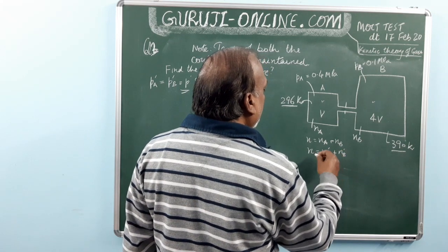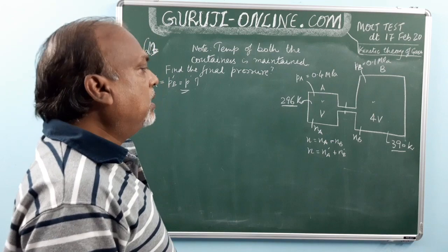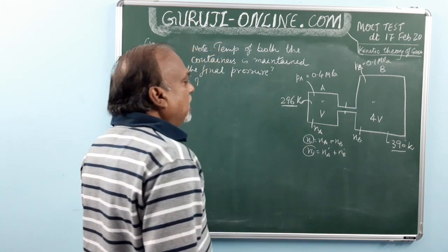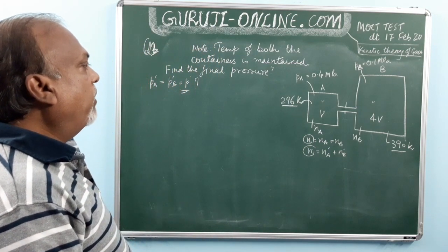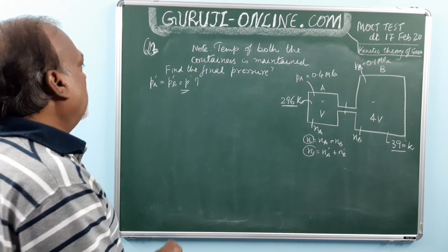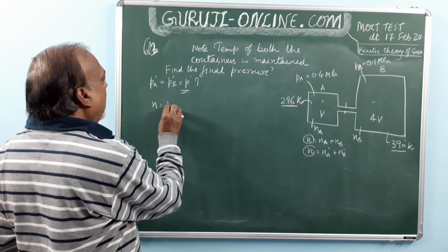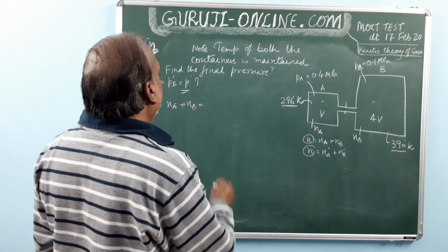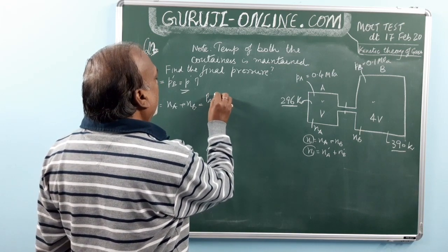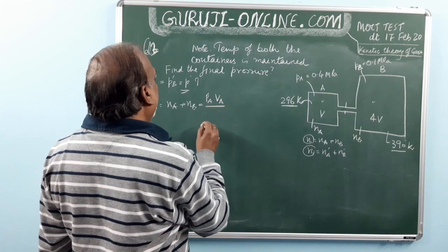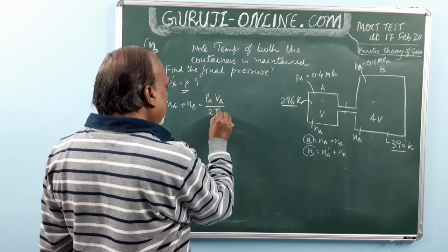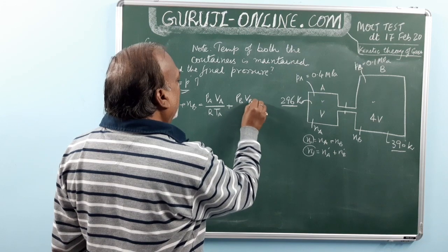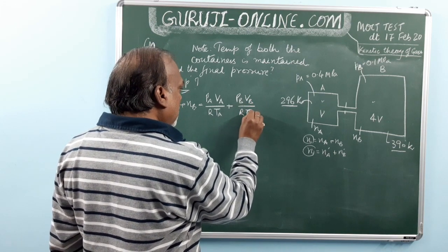Number of moles may be distributed, but naturally this N original will not change in the final process. So we know N is equal to Na plus Nb, and we can write it as PA VA divided by R TA plus PB VB divided by R TB.